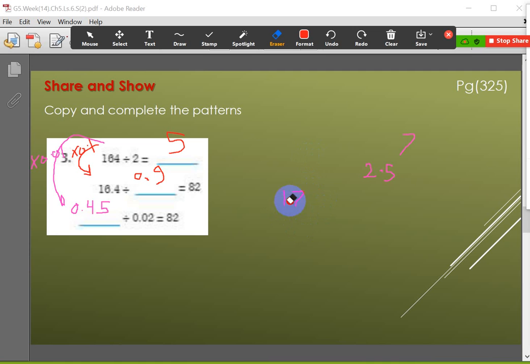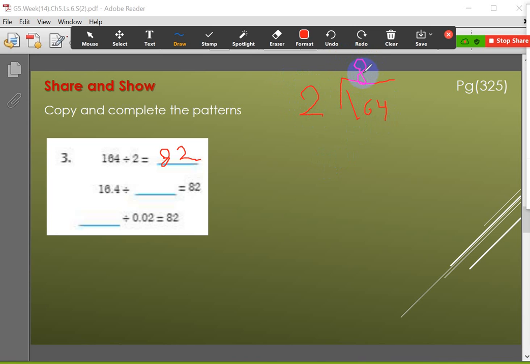Okay, the last one, I want to divide here 164 by 2 equals what? 164 divided by 2 equals, very good, 82. If you divide those numbers by 2, the quotient will be 82 because 16 divided by 2 equals 8.